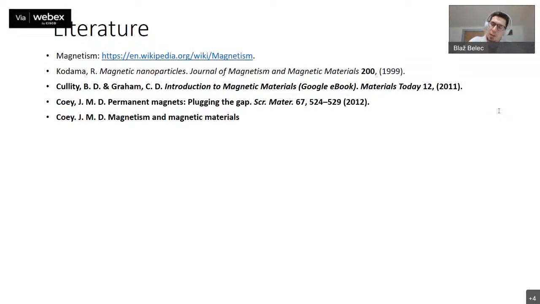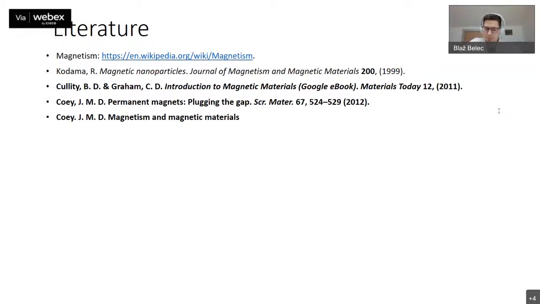Below this size, we get superparamagnetic materials, while paramagnetic materials are in bulk. So paramagnetic materials can be superparamagnetic, but not vice versa. So it's always this nano-size effect, superparamagnetism.